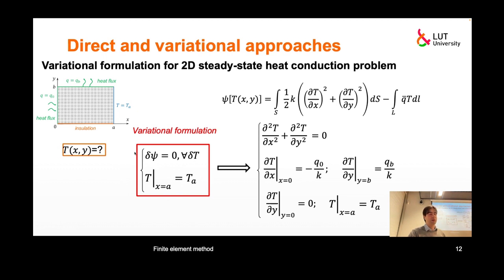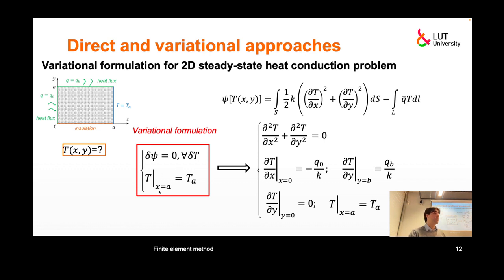In this problem, aside of heat flux type boundary conditions, we also have prescribed temperature on one boundary. And we need to specify that boundary condition explicitly in addition to this general statement of variational principle.